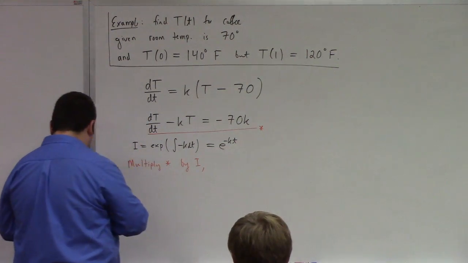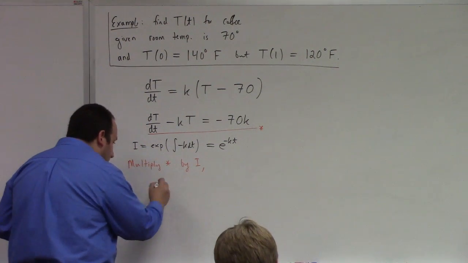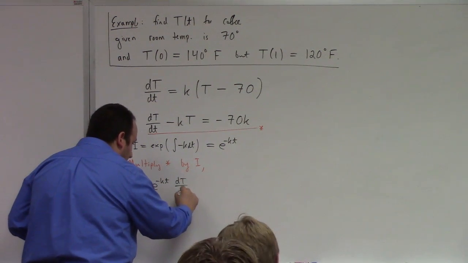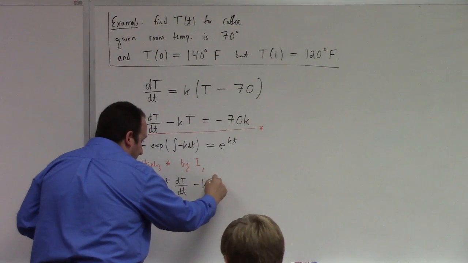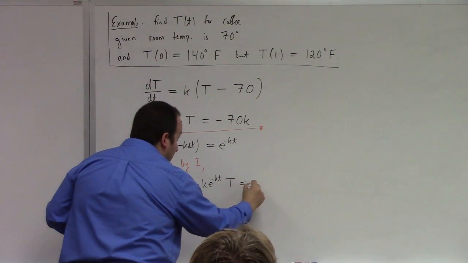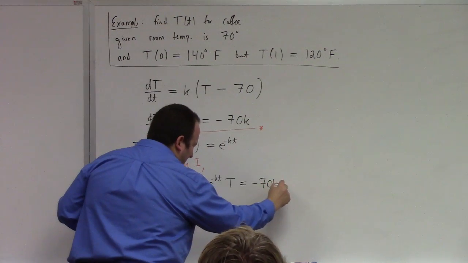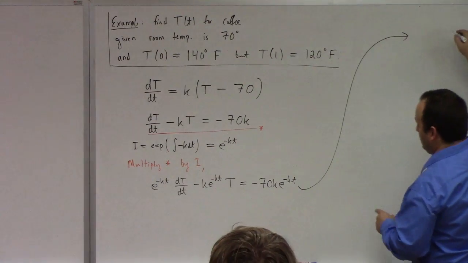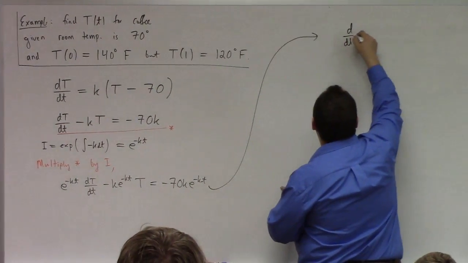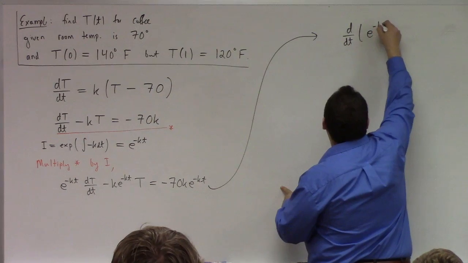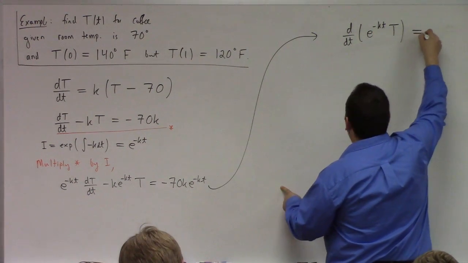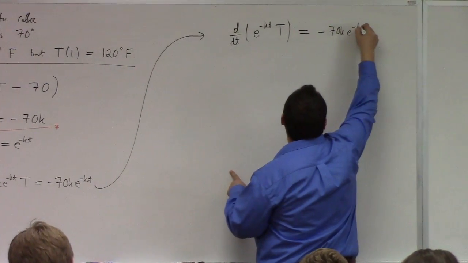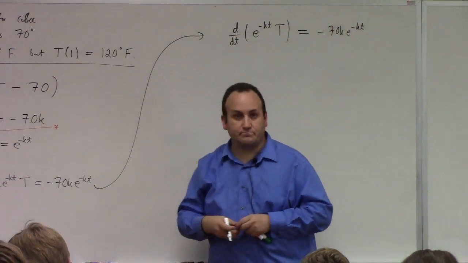What's that give us? e to the minus kt times dT/dt minus k e to the minus kt times T equals minus 70k e to the minus kt. But by the reverse product rule, we have d/dt of e to the minus kt times T is equal to minus 70k e to the minus kt. Right?